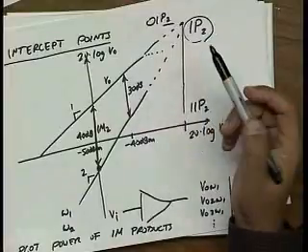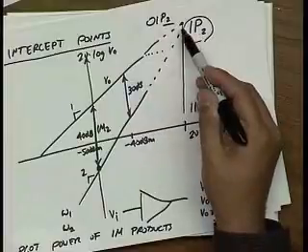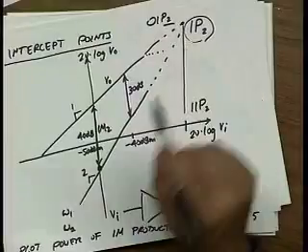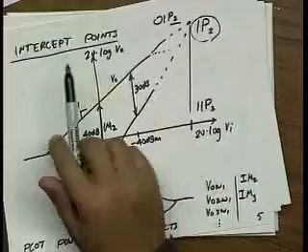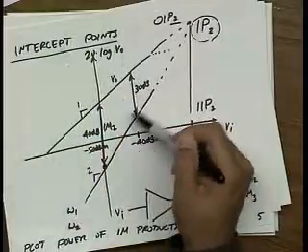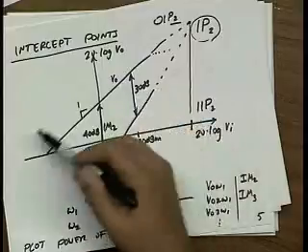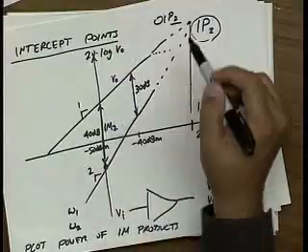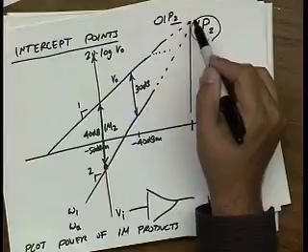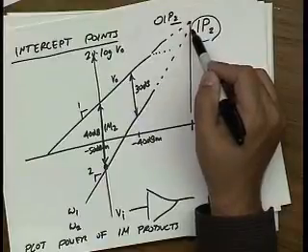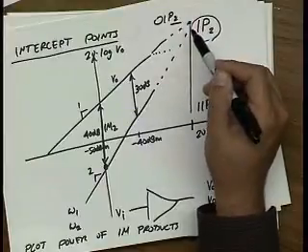The other interesting point is that this is really an extrapolated point. So we call this the extrapolated intercept point because in reality these curves are not straight as you make the signal larger and larger. They're only straight for very small signals. So this point here is not the actual intercept point, it's the extrapolated intercept point.